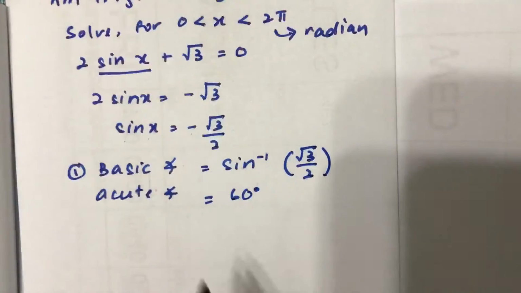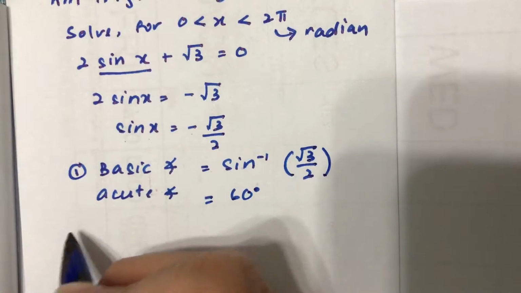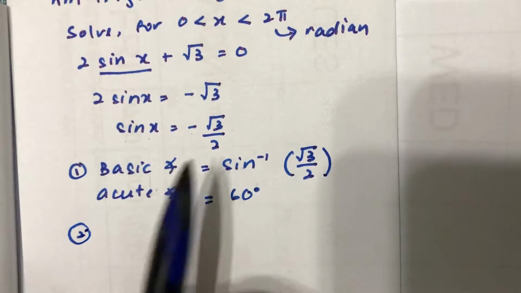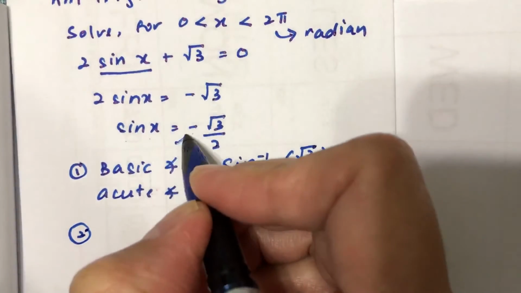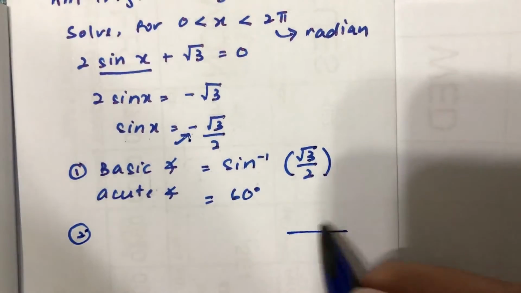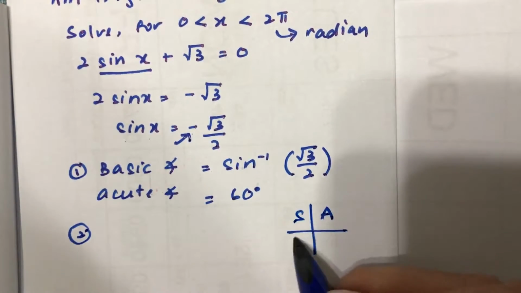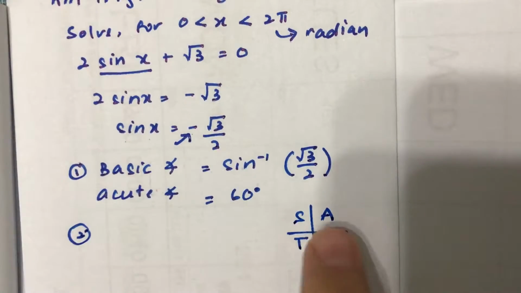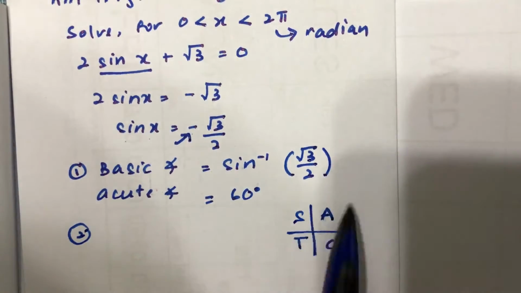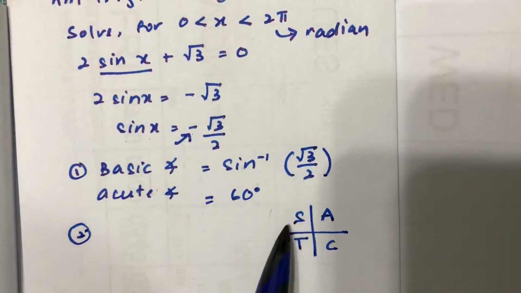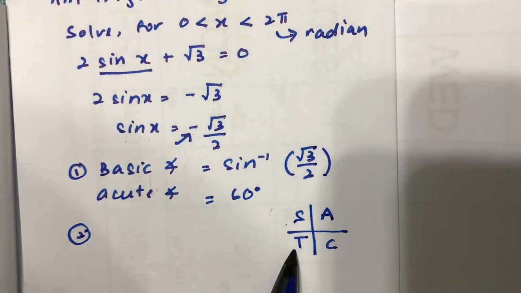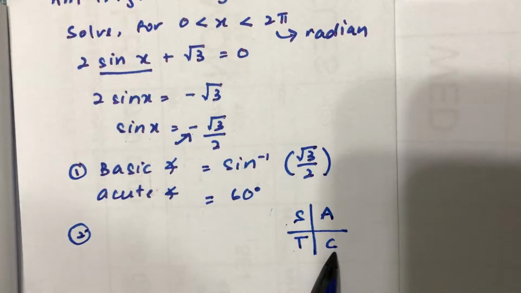Alright? Once you have the basic angle, this is where the second step comes in. I need to find out which quadrant will give me negative sine values. So this is where we go to the ASTC. Alright? A is all, everyone is positive for this quadrant. Second one, quadrant 2, only sine is positive, then only tangent is positive, and only cos is positive.